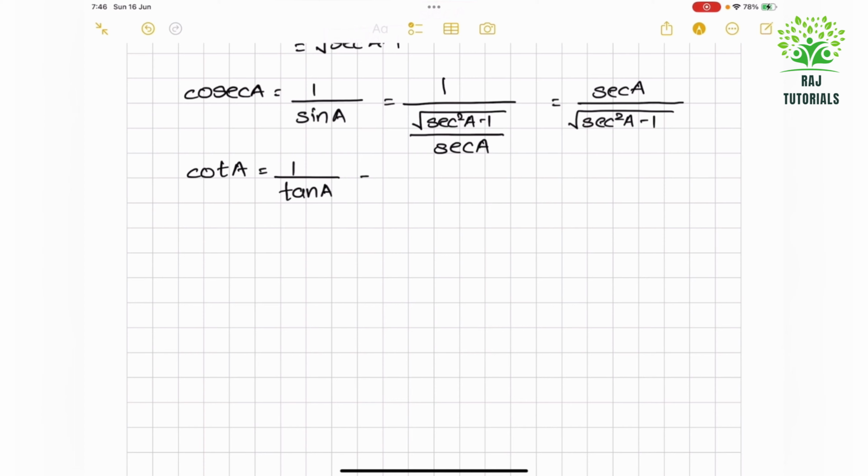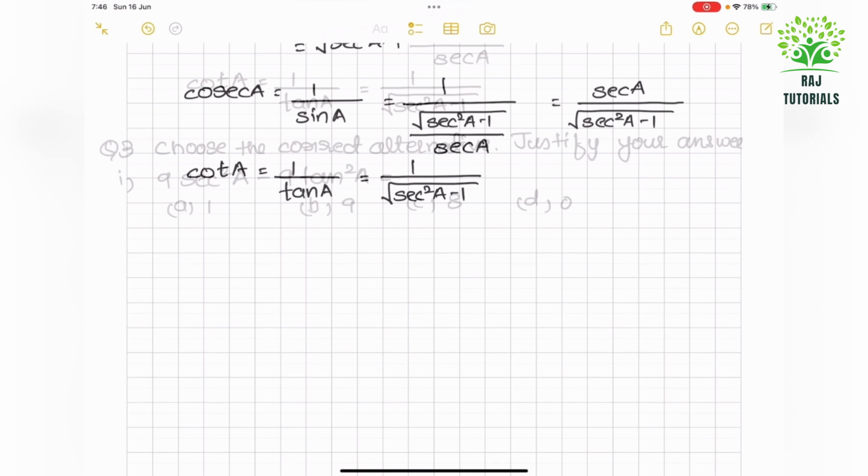Then the last one is cot A equal to 1 by tan A. So already tan A we have got, 1 upon root of sec square A.